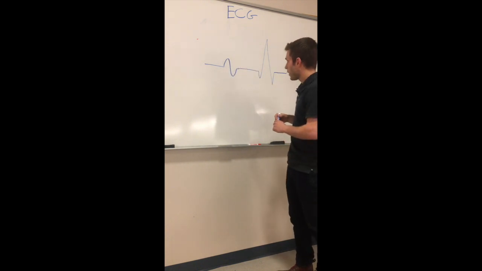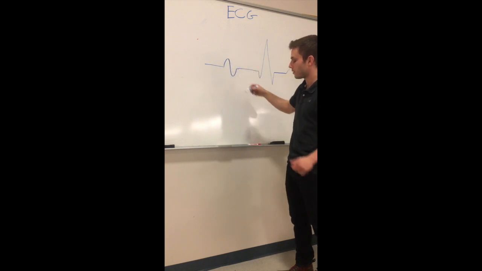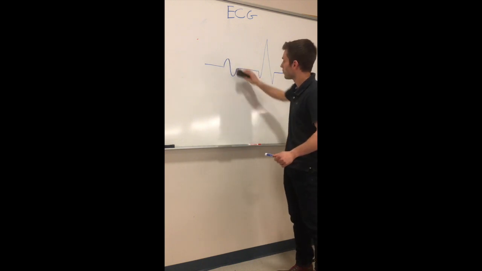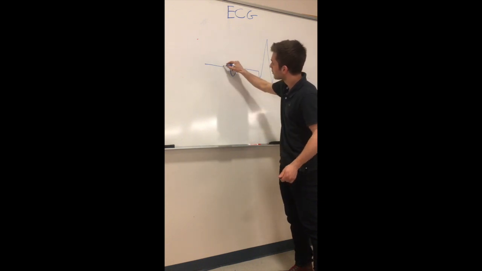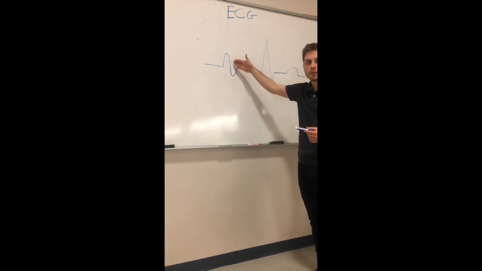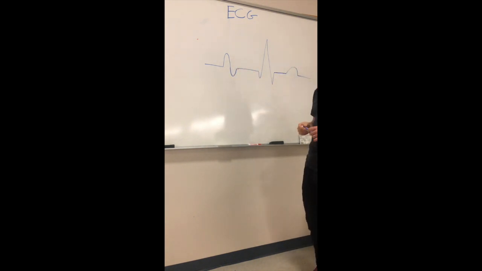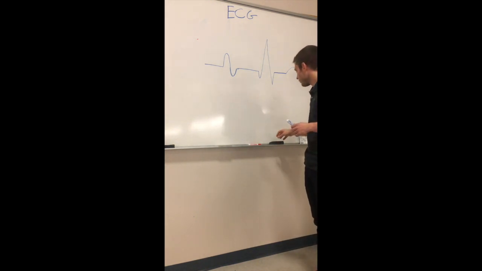And depending on whether the first portion or the second portion is larger, so maybe if the first portion goes up like this, well then the first portion is larger than the second portion, and that would mean that you have right atrial hypertrophy.